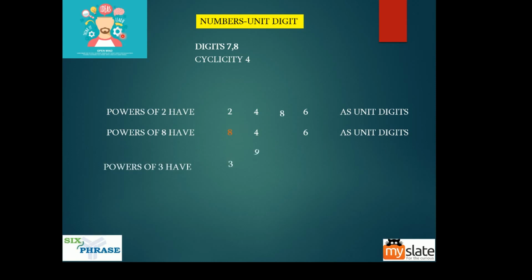Similarly, 3971 are the unit digits of powers of 3. So powers of 7 will have 7931 as their unit digits. So you can see here it is 3971, here it is 7931, and here it is 8426.